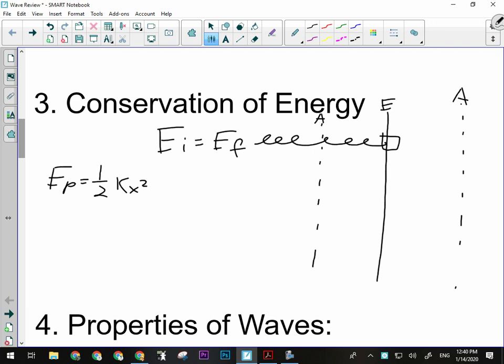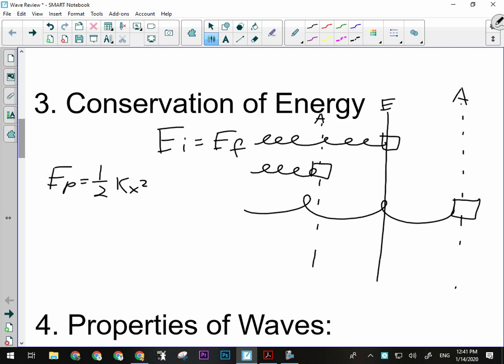Now, if the object is here at the point of maximum compression or its maximum amplitude, it only has what kind? Potential. Because how fast is it going there? 0. That's where it's slowed down, stopped, and now the restoring force is going to start moving it back towards equilibrium. So here it has potential energy only, and here it has potential energy only.